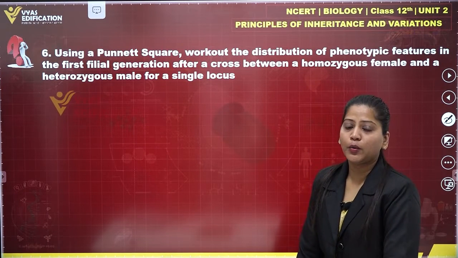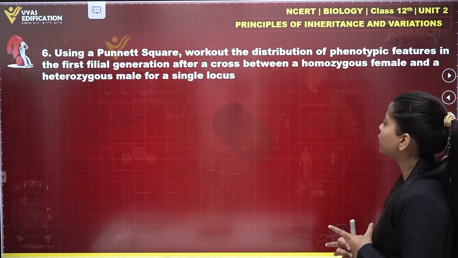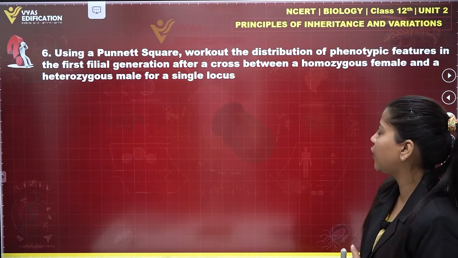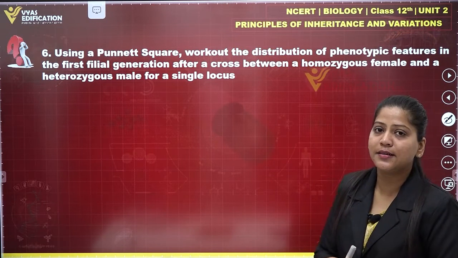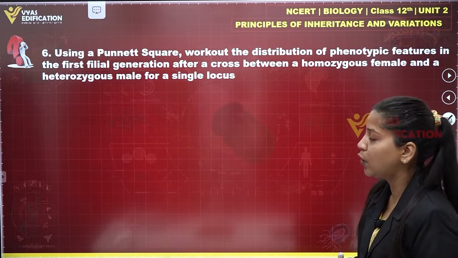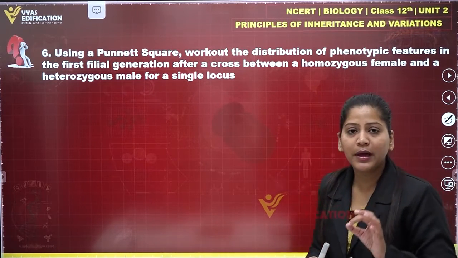So now let's talk about question number 6. Using a Punnett square, work out the distribution of phenotypic features in the first filial generation after a cross between a homozygous female and a heterozygous male for a single locus. So now what we have to do in this question is make a Punnett square.